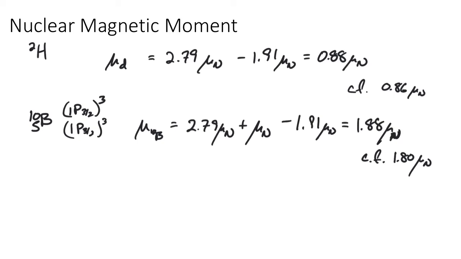However, this doesn't work as well in many other cases, and one can set a range where the nuclear magnetons can be, and they fill out much of that area.